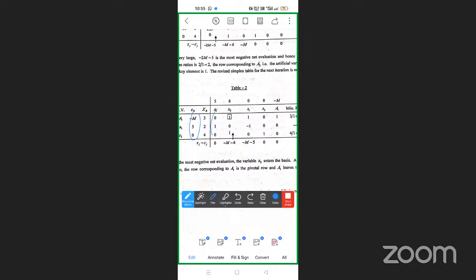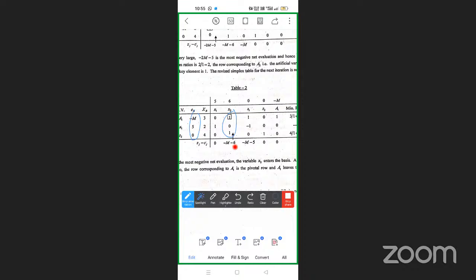CB into XP: 0, 5, 0, total 5, minus 5, 0. So next, CB into X2 minus M: 0, 0, minus M, minus 6. So minus M, minus 6.